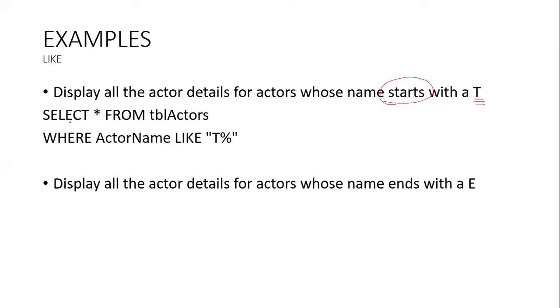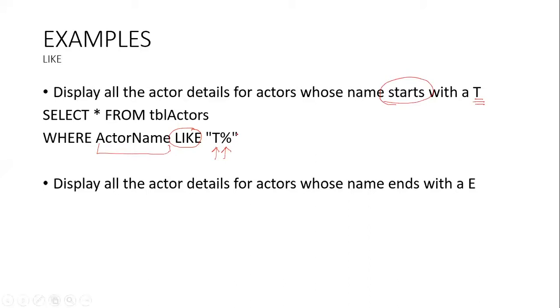The answer to this would be select star from TBL actors, where we want the name to start with T. So it's based on the actor name, and the actor name is like. So we're looking for a pattern, and the pattern we're looking for is T, it starts with, and anything else to follow.